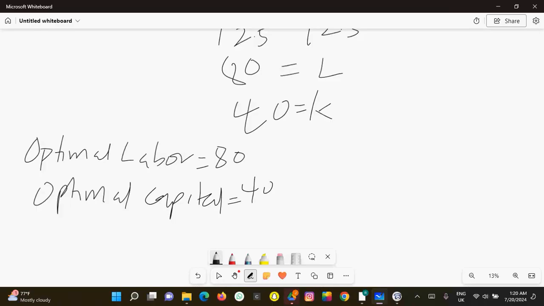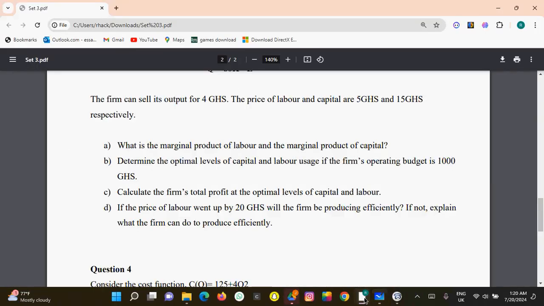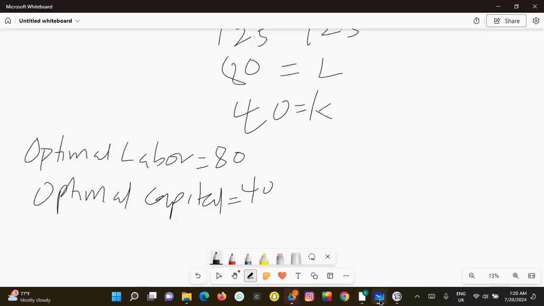Just add some English to it: the optimal level of labor that the firm will need to produce at a budget of $1,000 is 80 units of labor, and you do the same thing for capital.